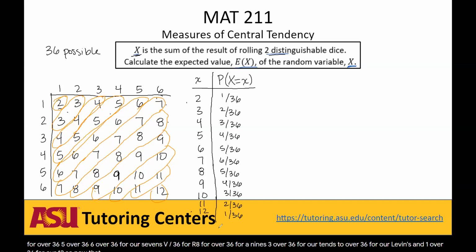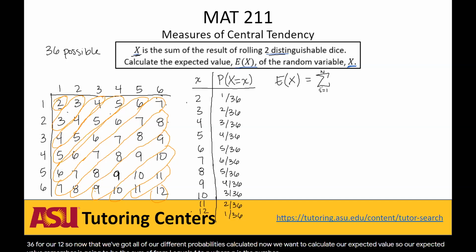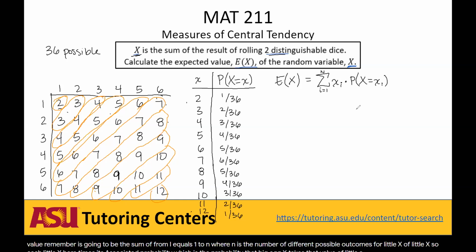So now that we've got all of our different probabilities calculated, now we want to calculate our expected value. So our expected value, remember, is going to be the sum from i equals 1 to n, where n is the number of different possible outcomes for little x, of little x, so each little x here, times its associated probability, which is the probability that big X takes that value of little x.